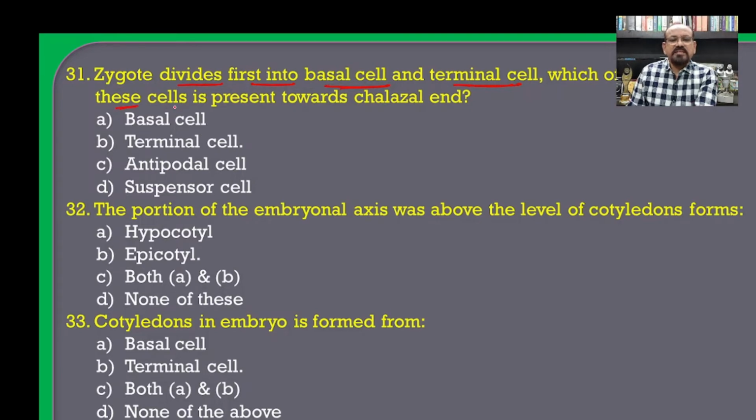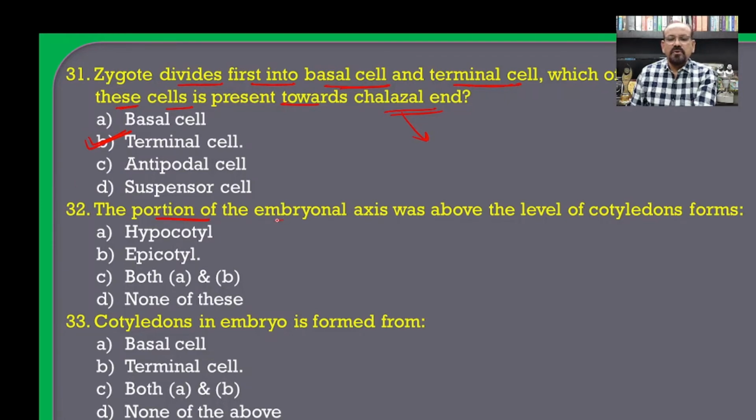Which of these cells is present towards the chalazal end? Earlier we have seen towards the micropylar end there is a presence of the basal cell, and the chalazal end is the opposite end of the micropyle, and hence the terminal cell will be there towards the chalazal end.